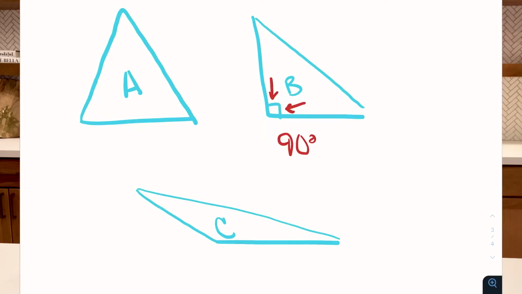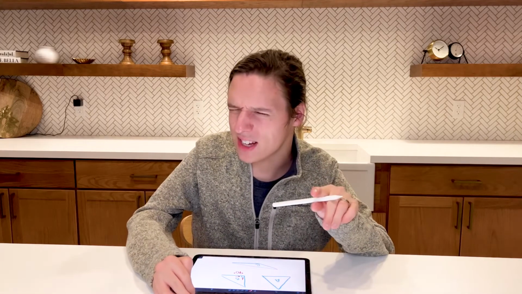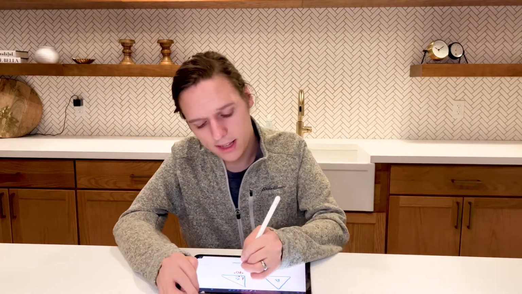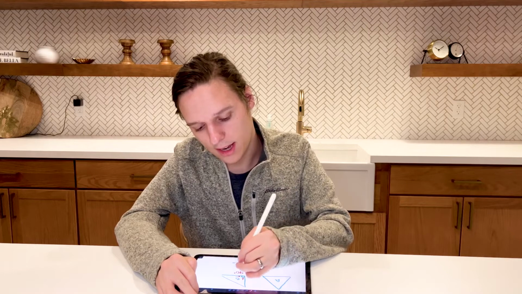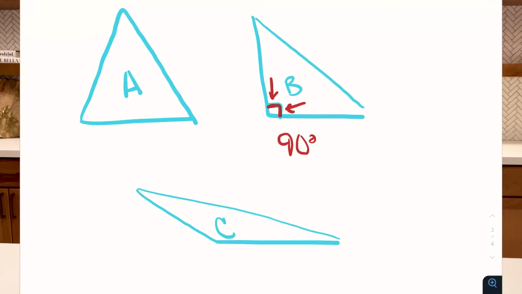No doubt in your mind, 100%, even if it's not perfect when you drew it, by drawing this little square on the inside, you're telling me that that is 90 degrees.